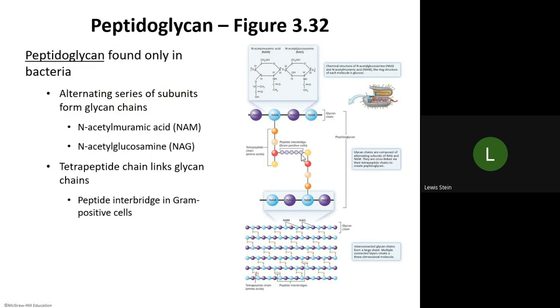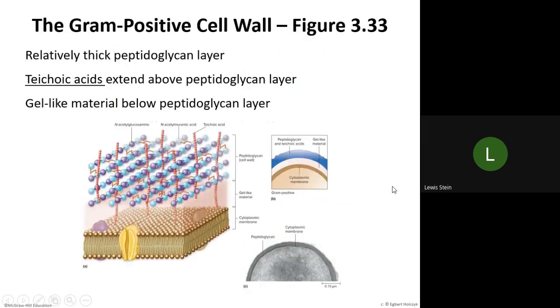It's the bricks and mortar analogy that I use. The bricks are the peptidoglycan polymer. The mortar that holds it together, to me, is the tetrapeptide chains and the peptide interbridges. Voila. And again, secured to some extent by the teichoic acids.